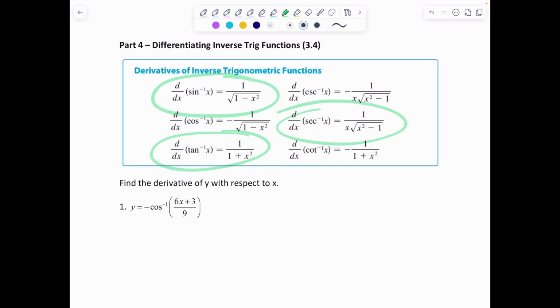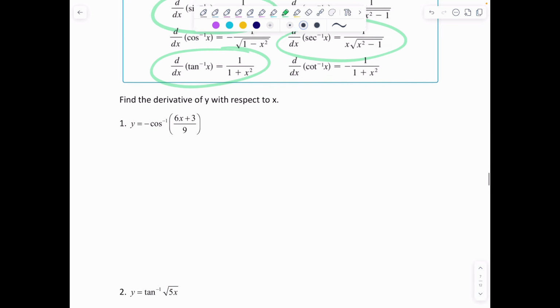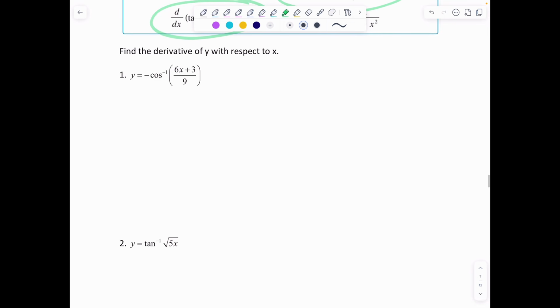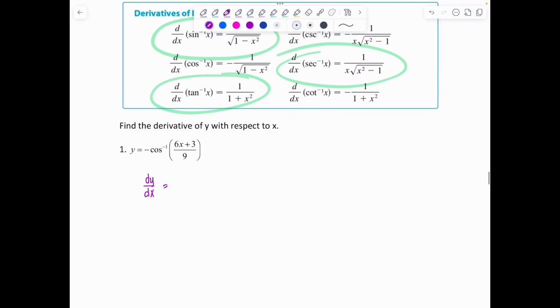Okay, here we go. I'm excited. So y is negative cosine inverse of (6x plus 3) over 9. And they're asking us to differentiate with respect to x. All right, you got it. So dy dx. Now here's the lovely thing. You see how they put a negative in front? So this negative will cancel with the negative here.